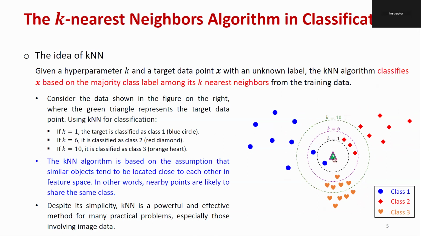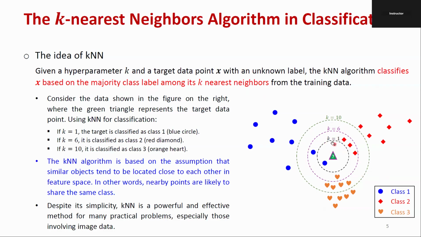That's my question. What the KNN algorithm does is classify it to the majority class label among its K nearest neighbors from the training data. Let's take this as an example.